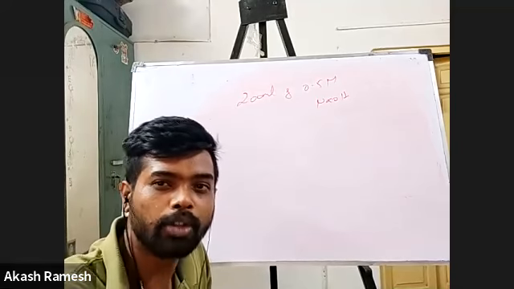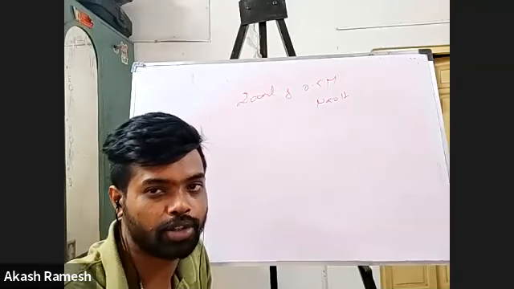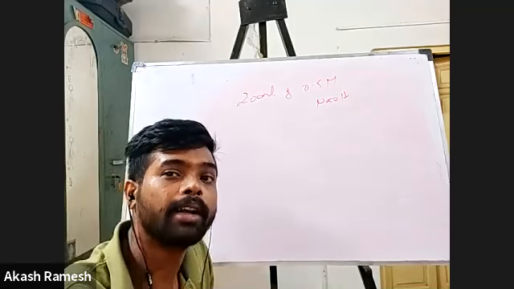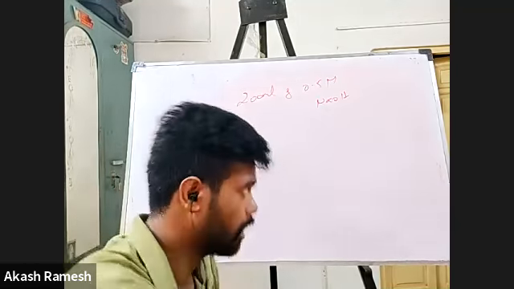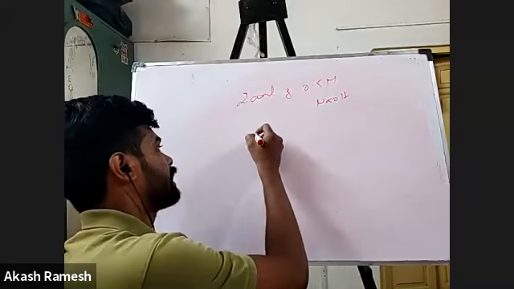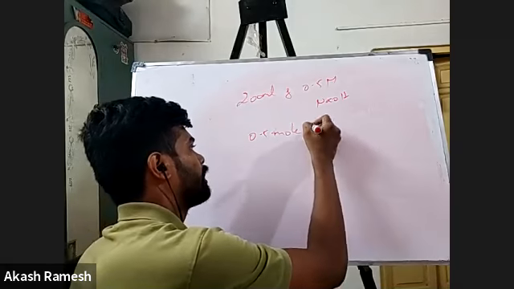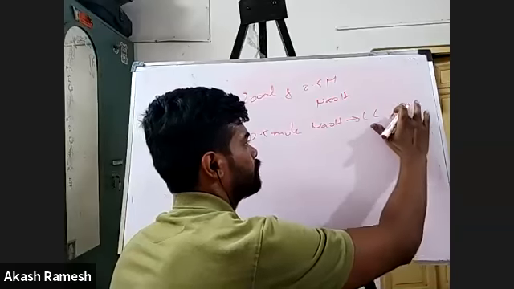of solute present in 1 liter of the solution. Correct? Okay. So now I can easily say that I have 0.5 moles of NaOH present in 1 liter of total solution.